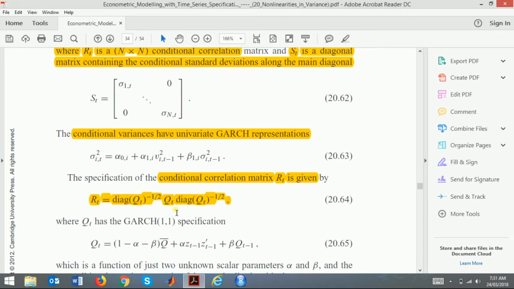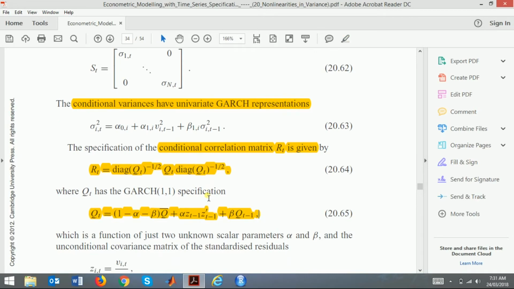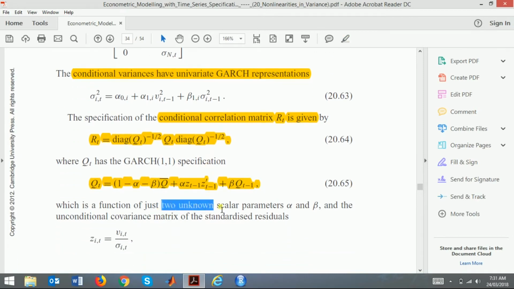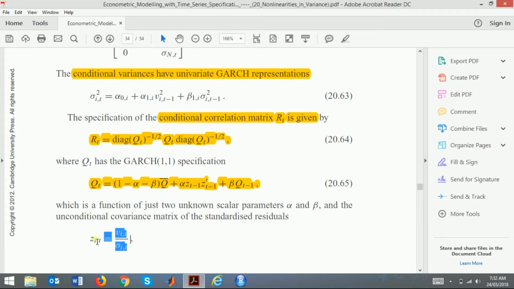Q follows a GARCH(1,1). So first we find Q with GARCH(1,1). What is Q? It's a function of two unknown scalar parameters, alpha and beta, and the unconditional covariance matrix of the standardized residuals.